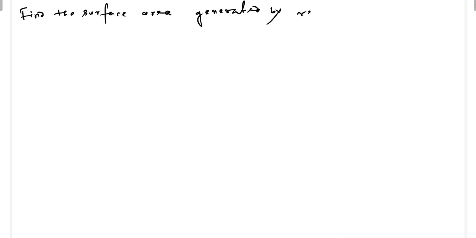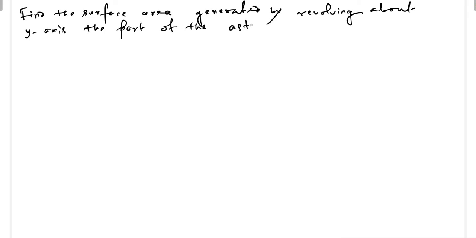Suppose, find the surface area generated by revolving about the y-axis the part of the asteroid x equal to a cos cube theta, y equal to a sin cube theta in the first quadrant.